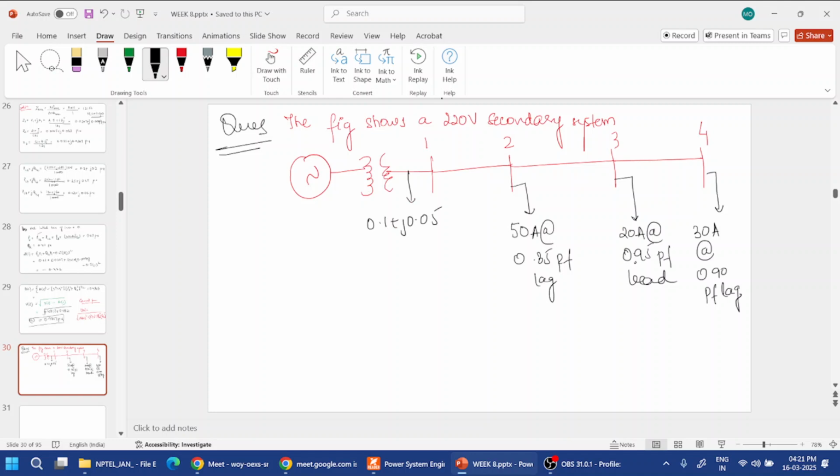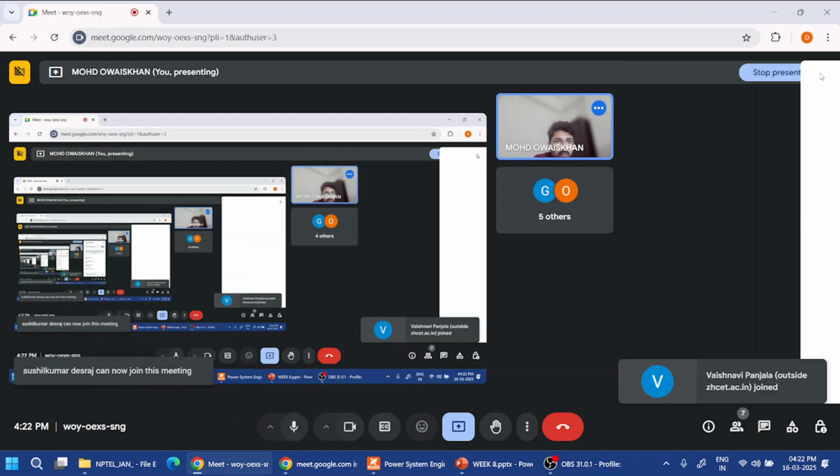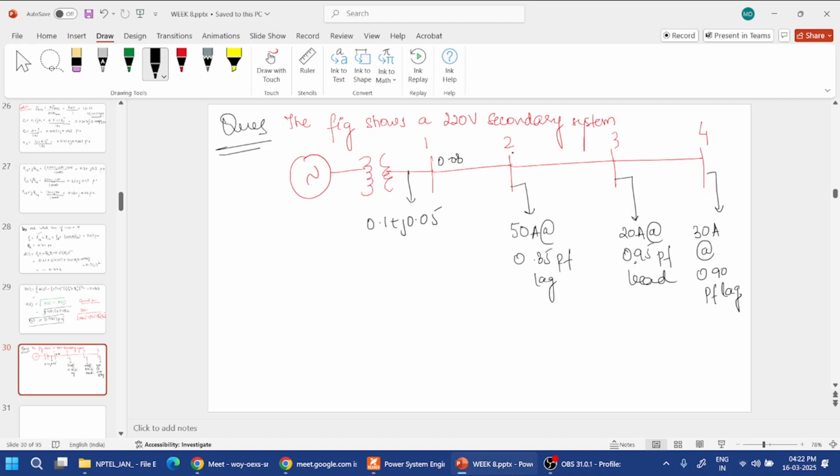Z23 is given as 0.08 plus j0.02. The third is given here, and it is given here.